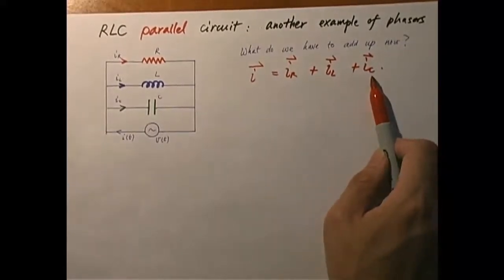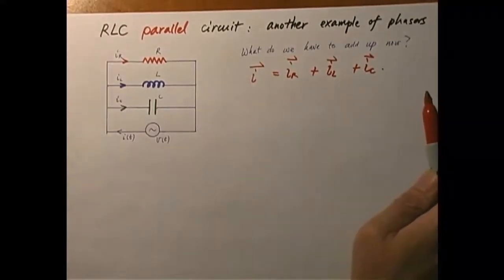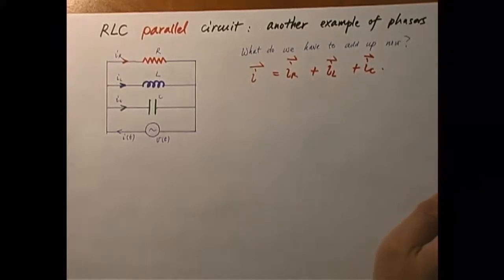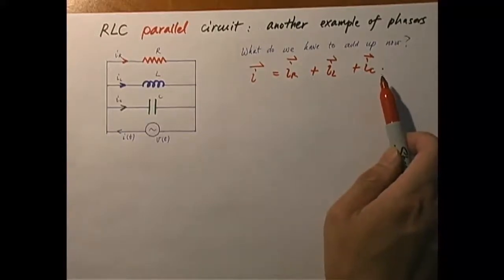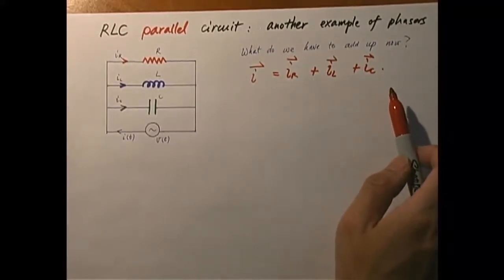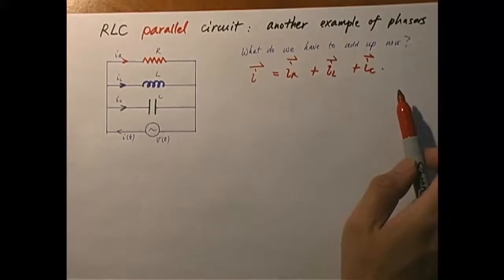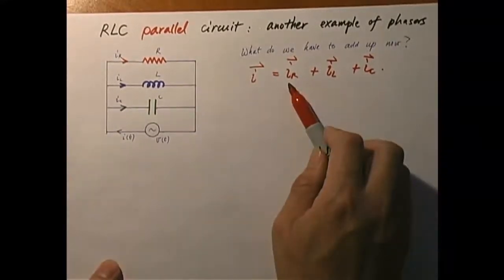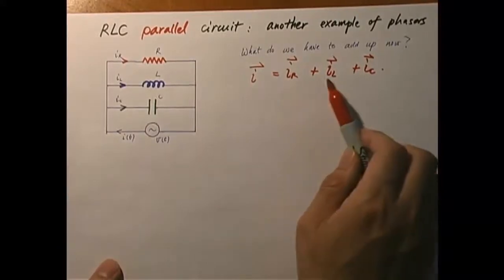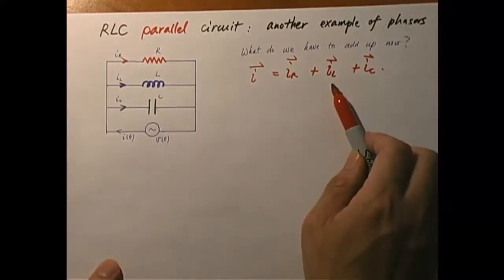What about that one? Well, remember, VC lags behind the current IC by 90 degrees. In other words, the current leads the voltage across the capacitor by 90 degrees. Okay, so for the same three V's, IC must lead IR by 90 degrees. In other words, it must lead IL by 180 degrees.